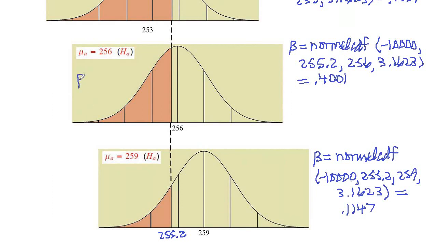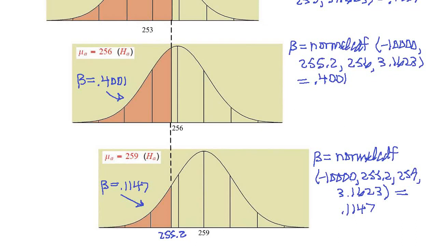So beta here is 0.4001. That is that area. And then beta here, even smaller, 0.1147. And that is that area. So this is the probability of a type 2 error if the actual mean was 259. This is the probability of a type 2 error if the actual mean of the sampling distribution was 256, and then this one 253.